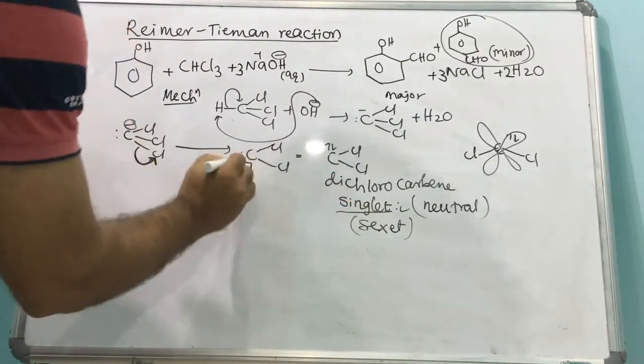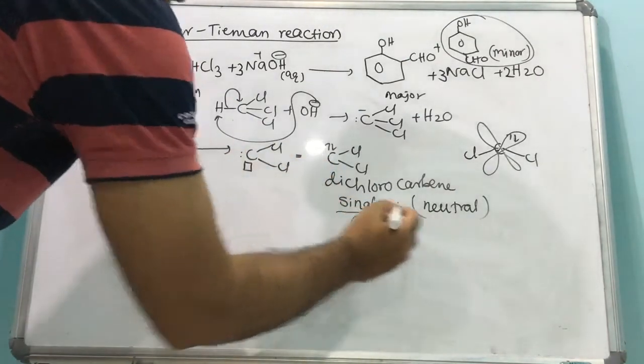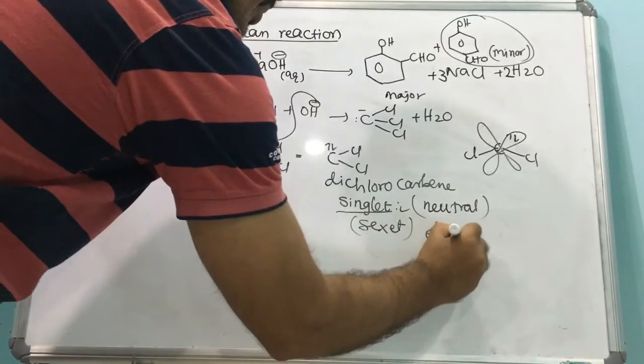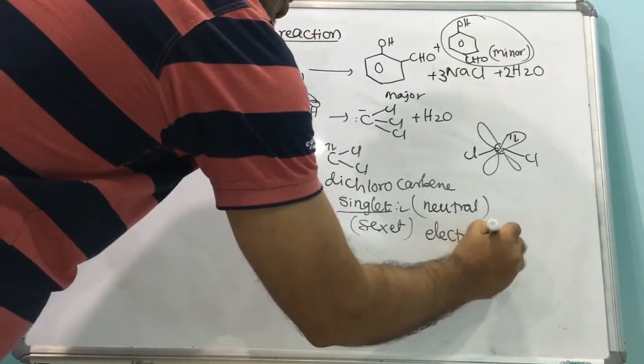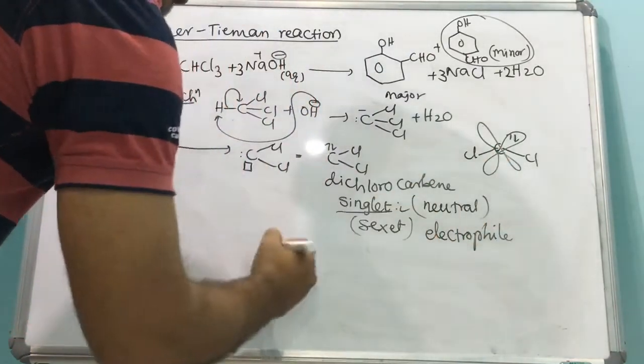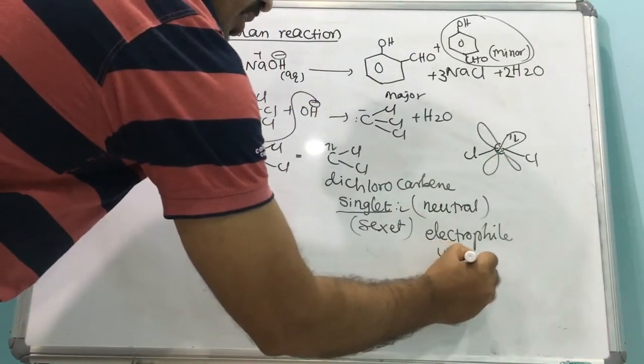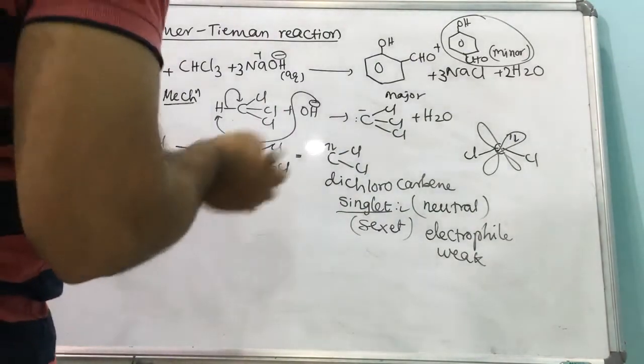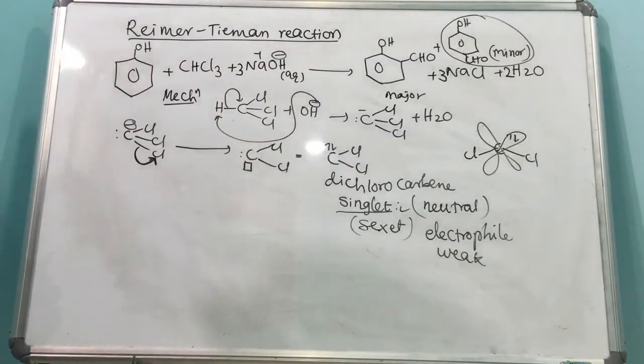It means it is electron deficient. Does it act as a nucleophile or an electrophile? That means it is electrophile type, meaning electron deficient. But which type of electrophile is this? A weak electrophile. Very important. How it is a weak electrophile, they may ask a question here.